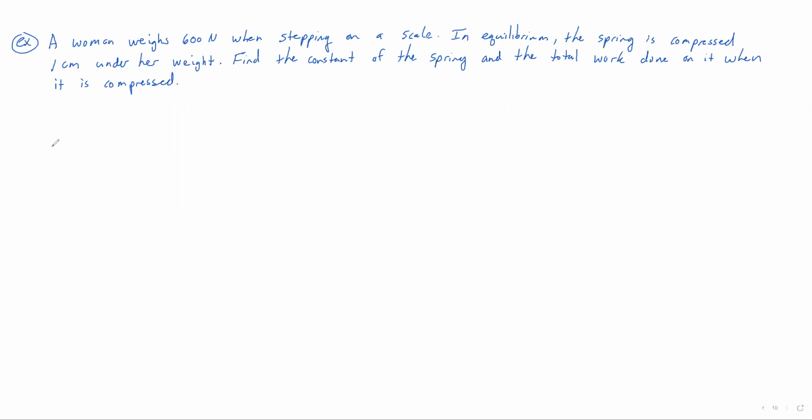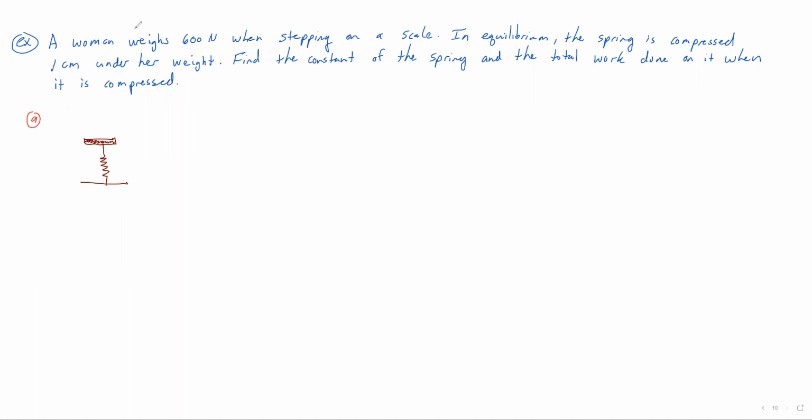So the first thing that we want to do is draw what this might look like. So basically, a scale is a spring. You have this spring that's used, and based on how far it's compressed, they can determine what your weight is, right?